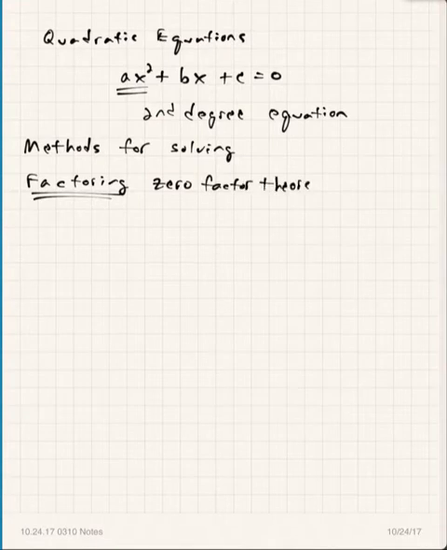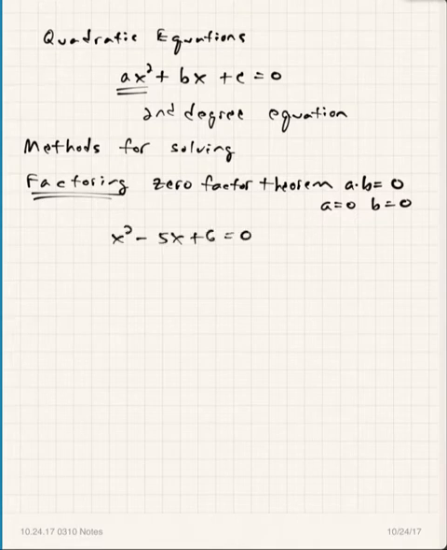That theorem goes by several different names. Remember, that's just, if you have two numbers multiplied together to give 0, then one of them has got to be 0. And we've used that method frequently during the semester.